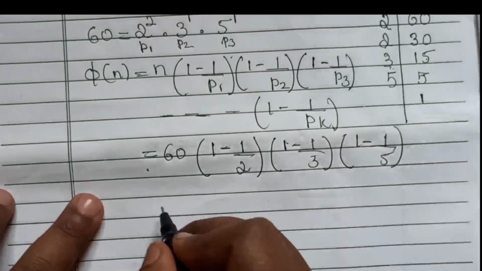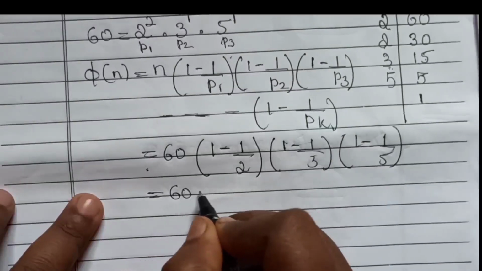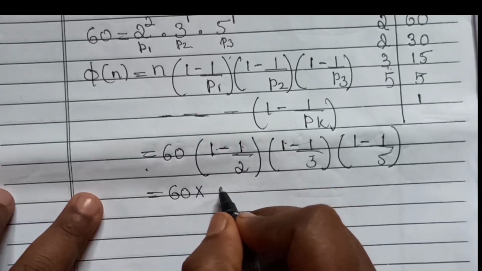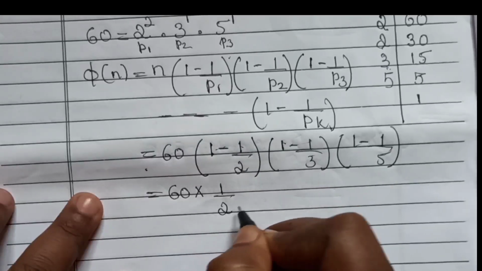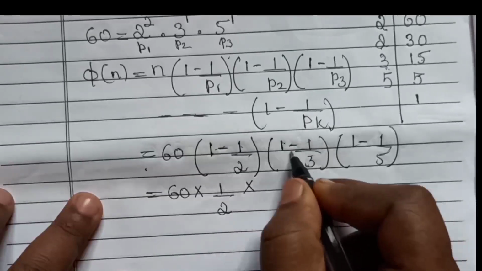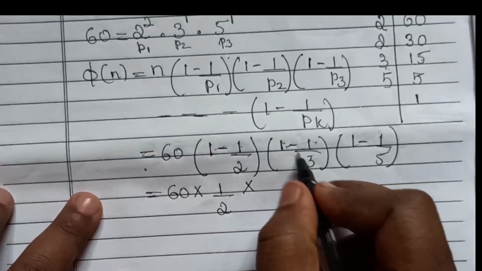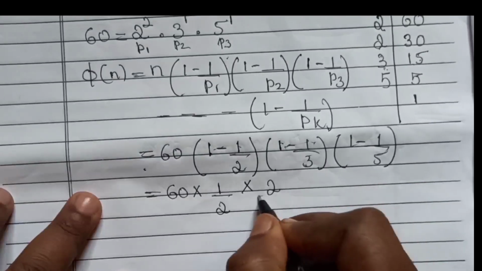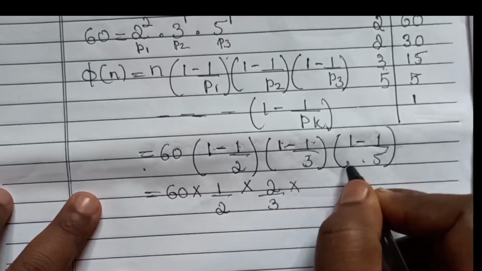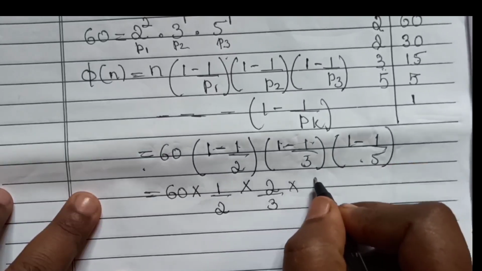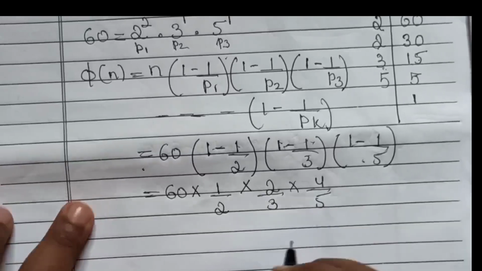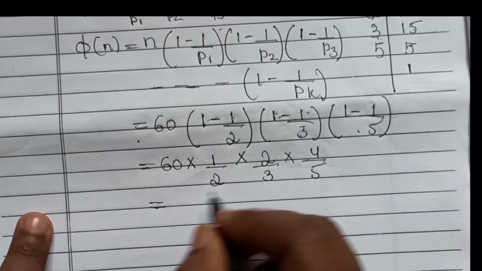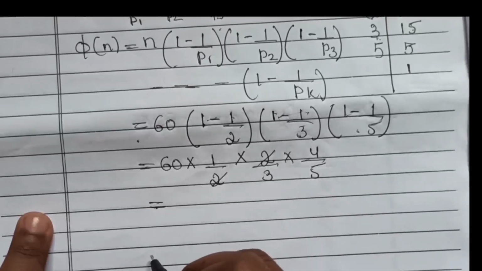On simplifying this we get 60 into 1 by 2, since 2 minus 1 equals 1, then 3 minus 1 equals 2, so 2 by 3, and 5 minus 1 equals 4, so 4 by 5. On further simplifying, the 2 cancels.